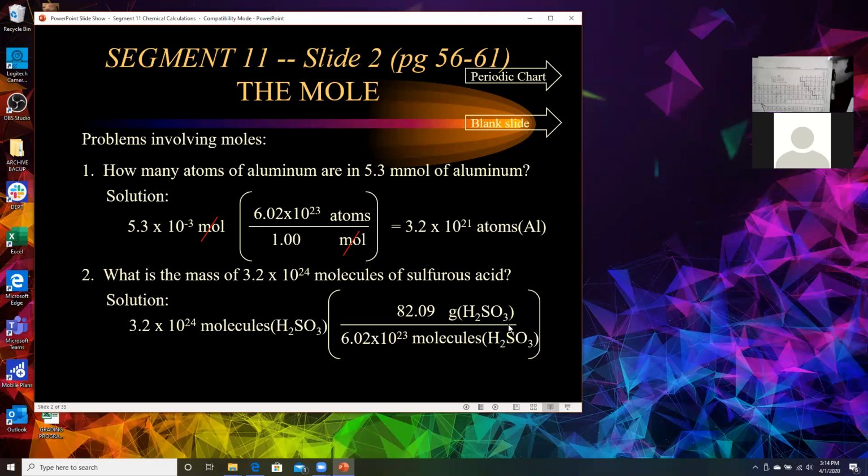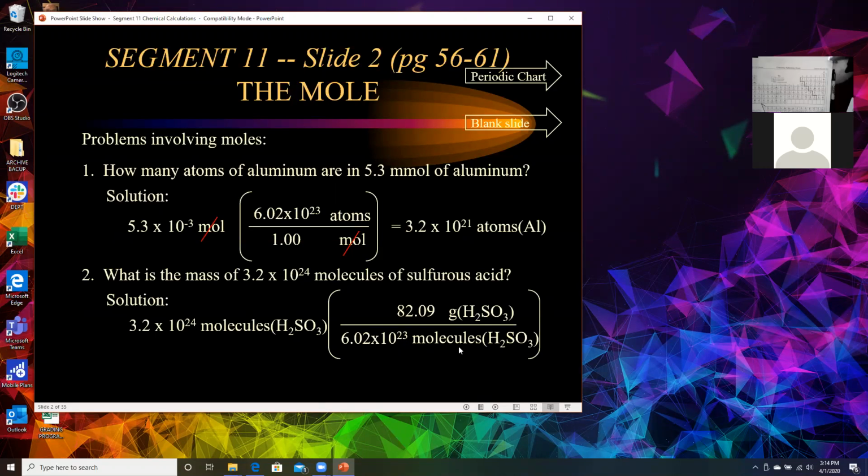If it's in the numerator over there, copy it in the denominator so it would cancel. Put the unit the problem is asking for, what mass of sulfurous acid. So I put that unit up there. And now I need to put two numbers in for which the amount in the numerator is identical to what's in the denominator. And that's what I've done.